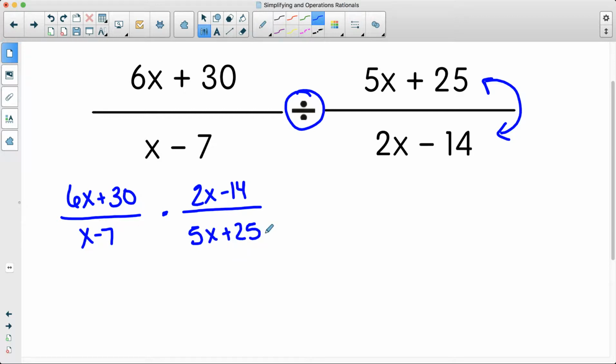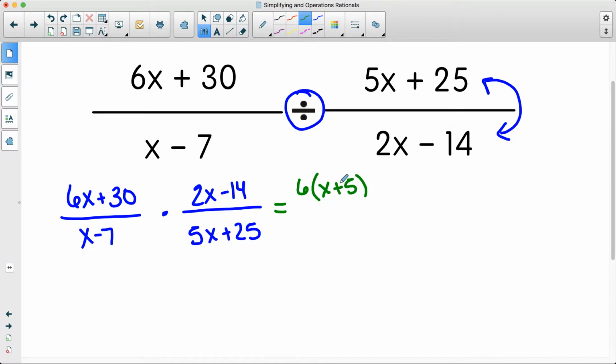From here, I'm going to follow the same procedure, the same steps that we followed when we multiplied rational functions. So I'm going to start with the left-hand fraction, and I'm going to factor it. So 6x plus 30, I can take out a greatest common factor of 6 from both of those terms.